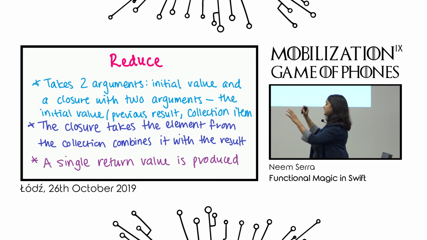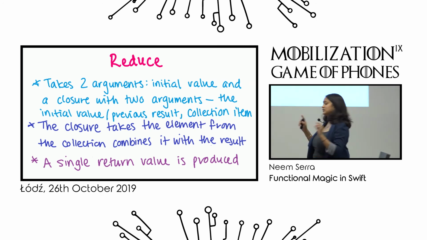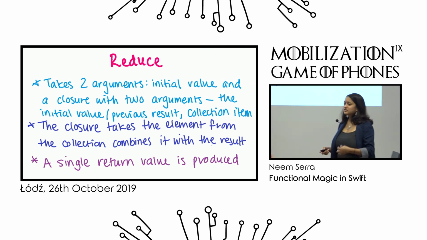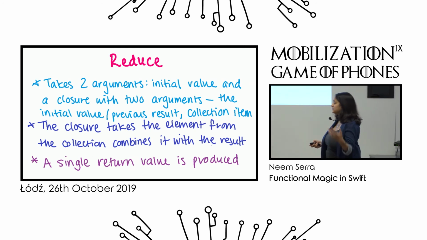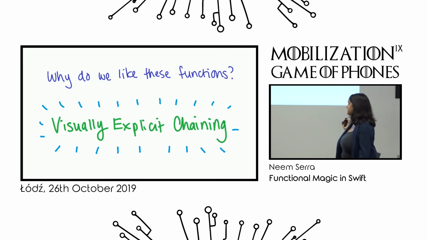Then you take every item from the collection and go over it and add to that result, and you only get a single value back. So again, this is really useful if you're trying to calculate the price of something and you have a whole bunch of items, if you're working on an app that has a cart or something like that.